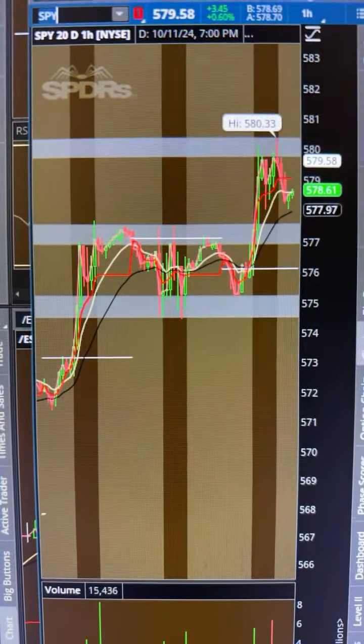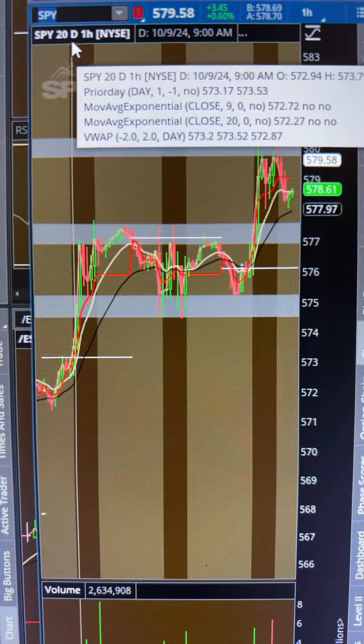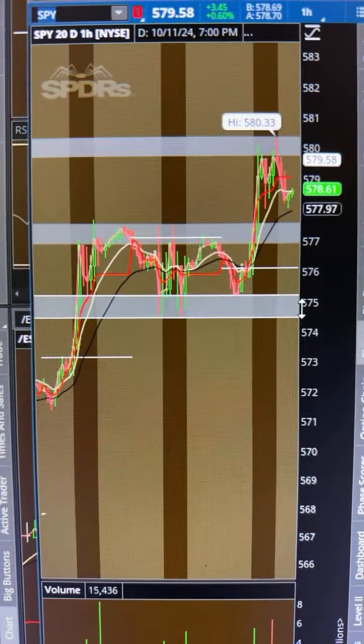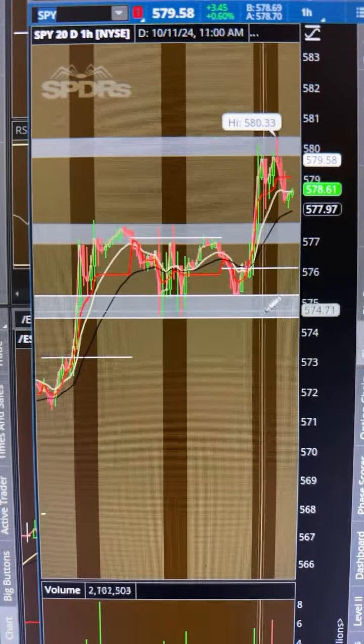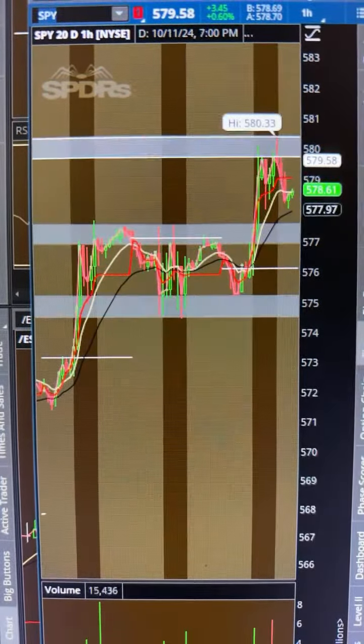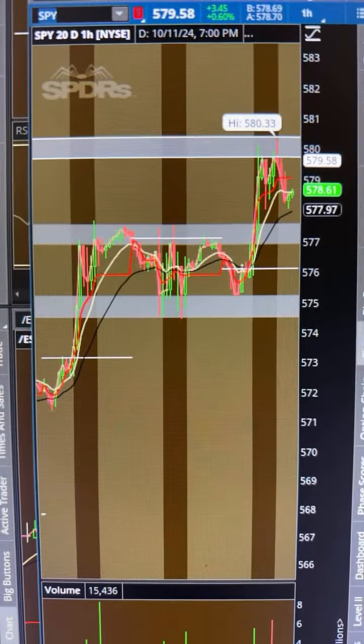If you're trading SPY, you can trade ES longs based off these levels if you just trade futures. And if we lose that level, we've got around this 575 area for a possible bounce or ES longs. Pretty straightforward.